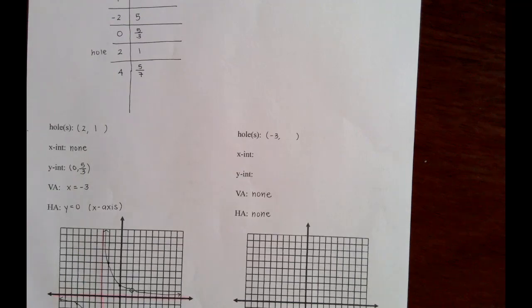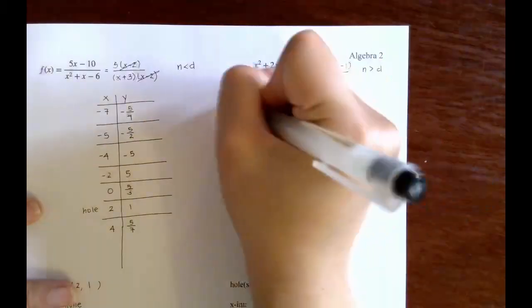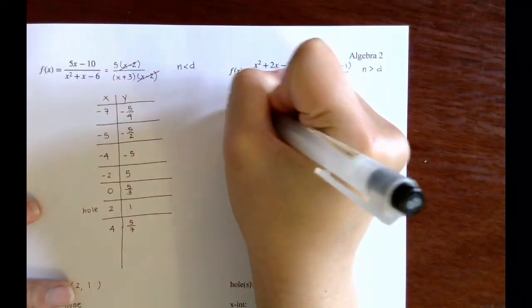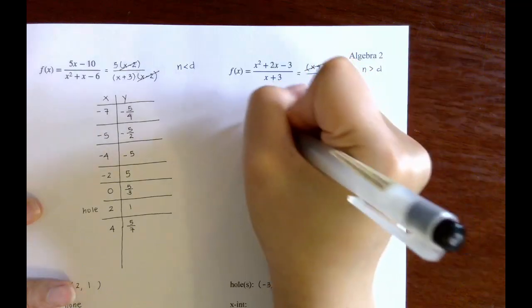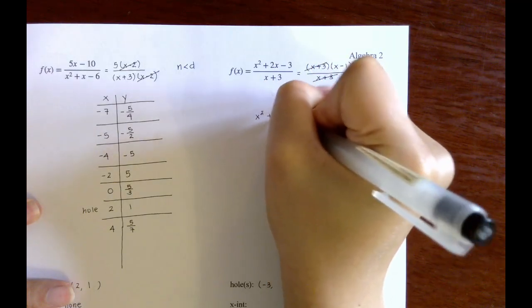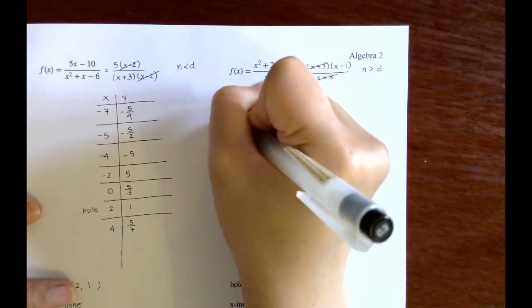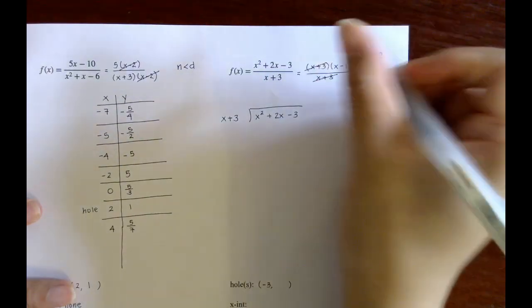And how we're going to find the slant asymptote is we're going to divide, okay? So if you remember, you can do long division for this. So this is x squared plus 2x minus 3 divided by x plus 3, right?